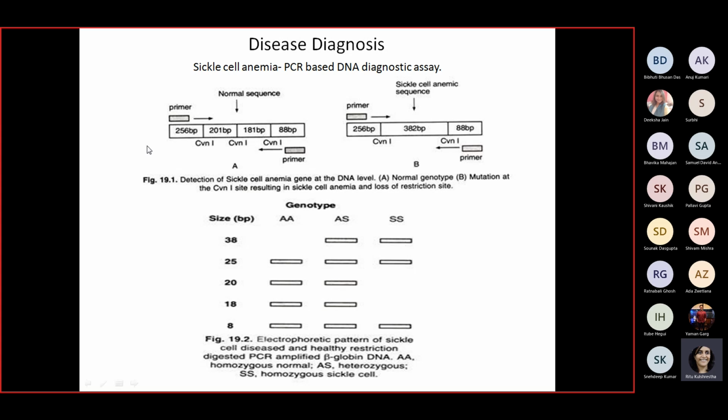You first perform PCR using a set of primers specific for that particular gene, and the PCR product that you get, you cut it with CvnI. In individuals where both wild type alleles are there, you will get these 4 bands. I think there is a misprint in this particular figure. It should be 380 base pair, 250 and 200 and so on.